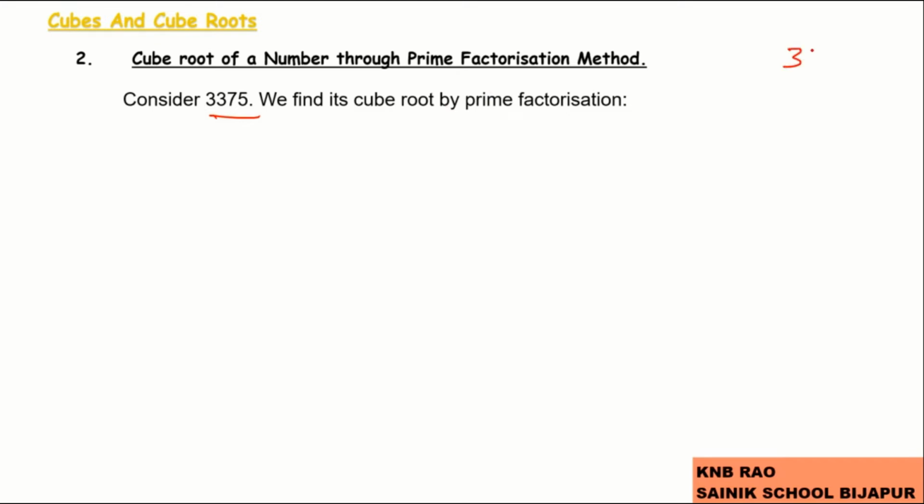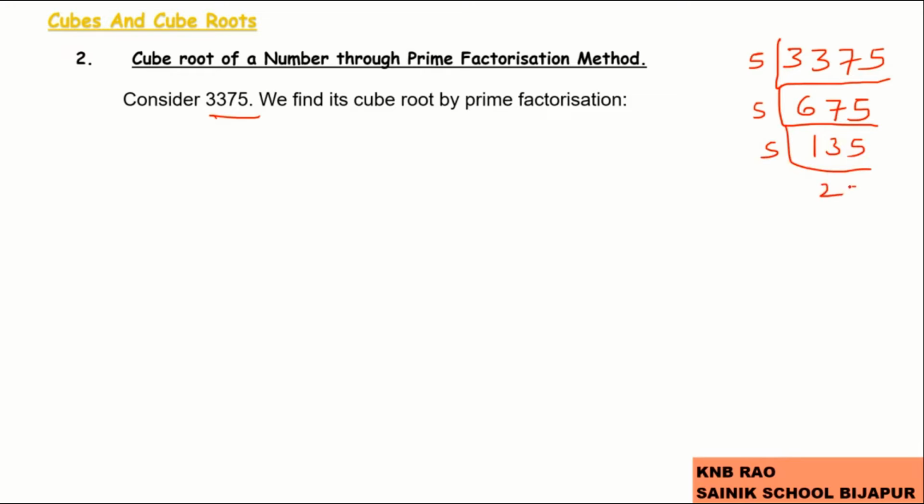So use that. 3375 prime factorization. 5 6s are 30, 3 is carried, 5 7s are 35, and 5 5s are 25. 5 1s are 5, 5 3s are 15, and 5 5s are 25. 5 2s are 10, 5 7s are 35, and 5 won't divide 3. 3 9s are 27. 3 3s are 9.